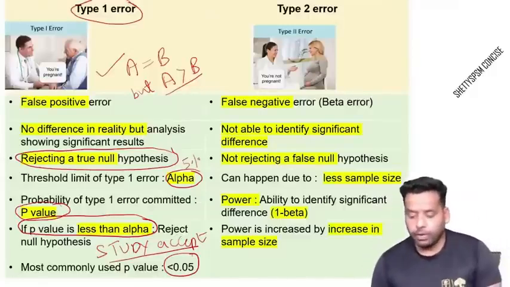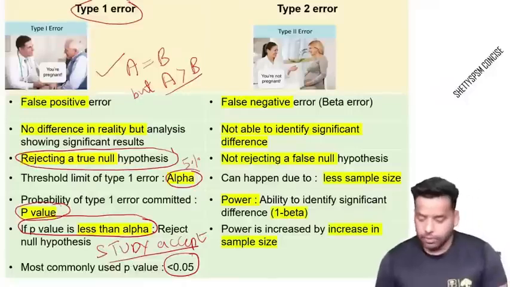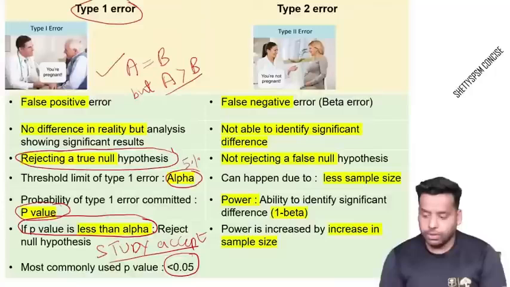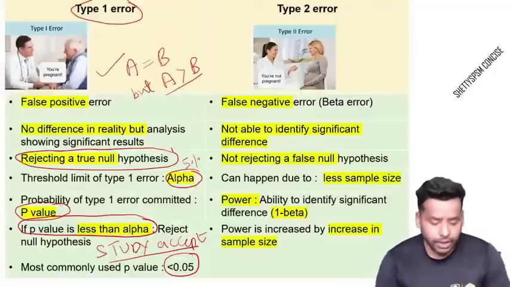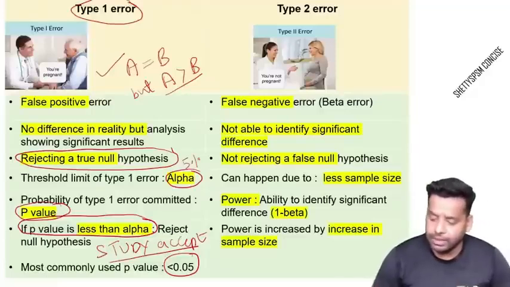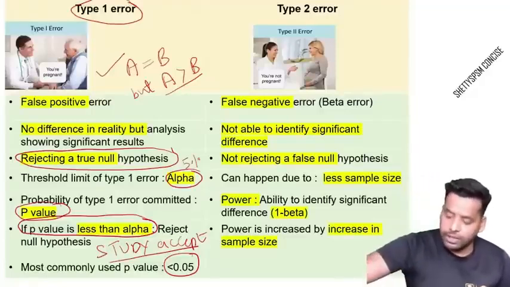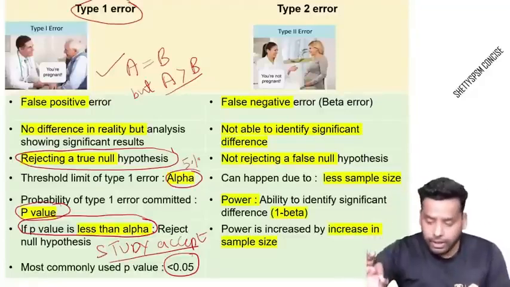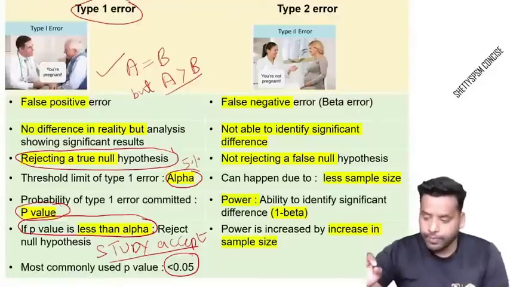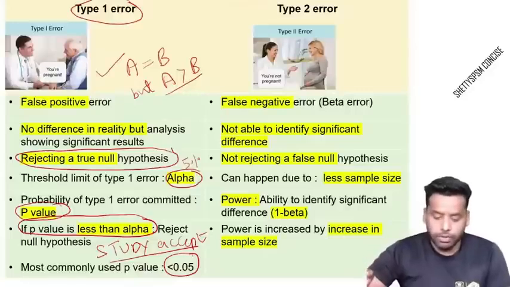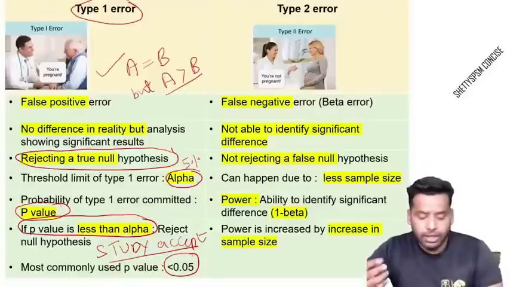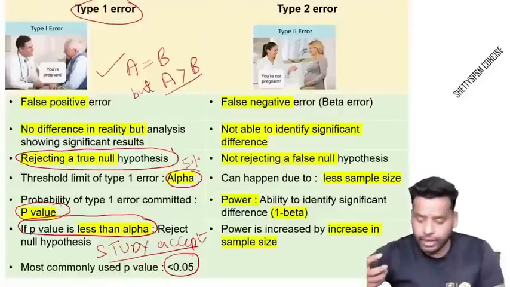That means p value should be less than alpha to accept the study findings, to tell the results are statistically significant.